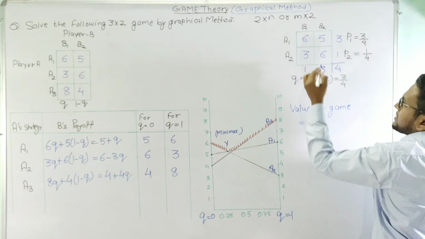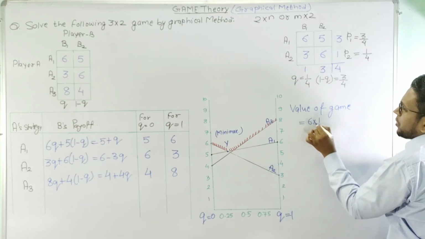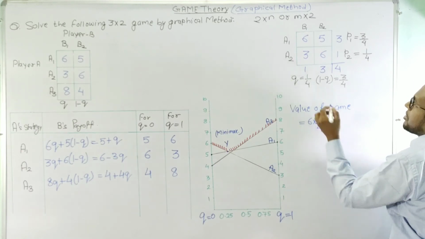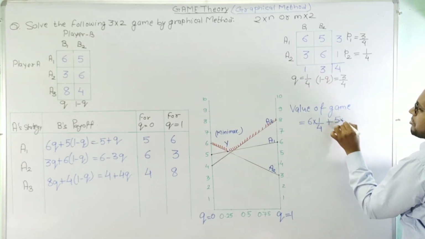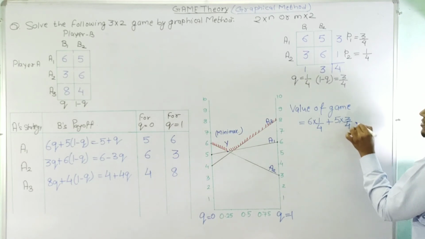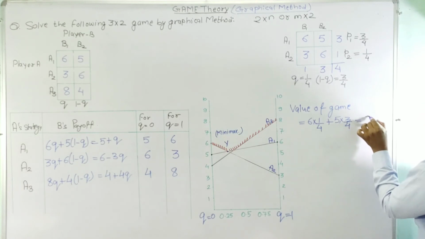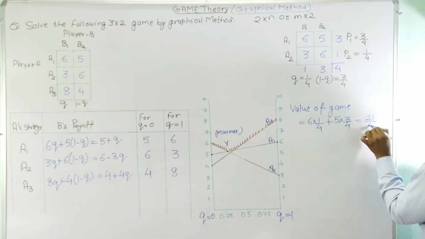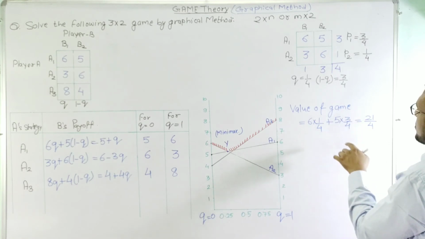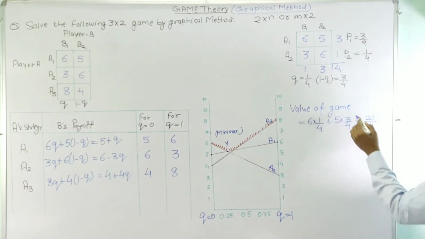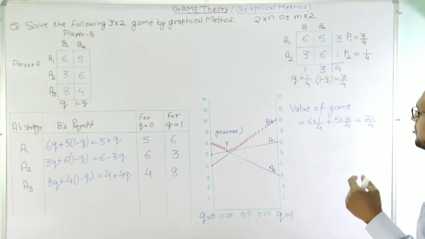So here we can see 6 multiplied by 1 by 4, plus 5 multiplied by 3 by 4. This is equal to 6 plus 15, which is 21 by 4. So the value of game here is 21 by 4, and this is same for player A and player B.